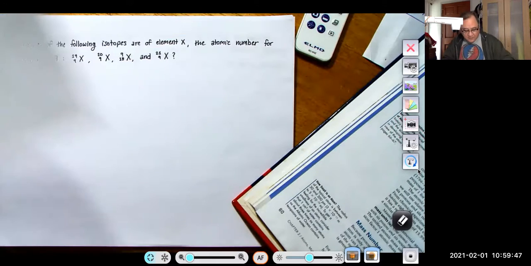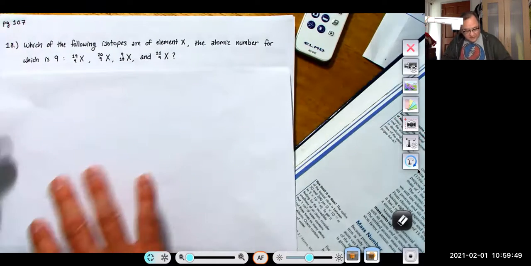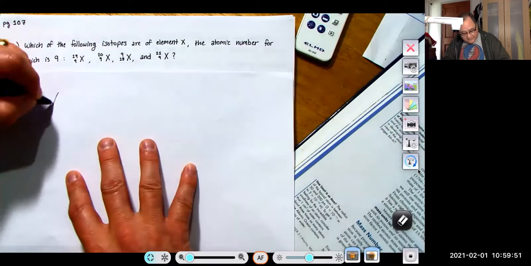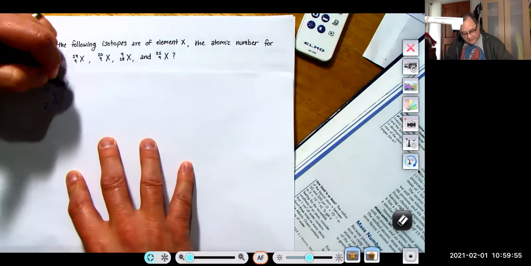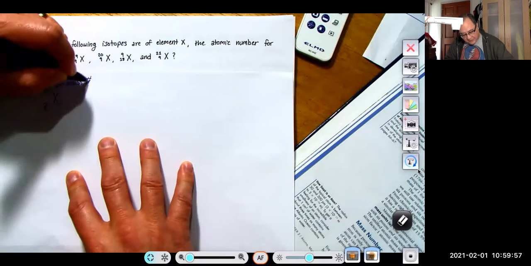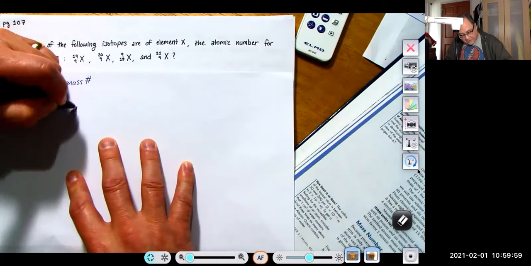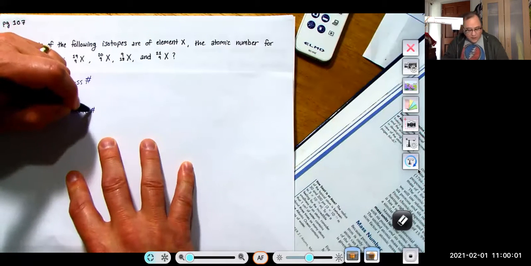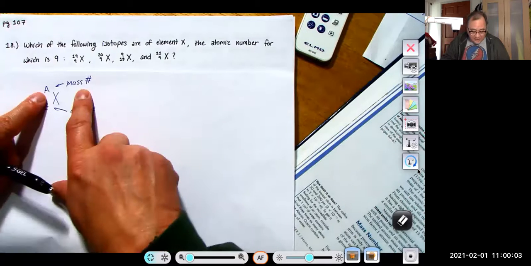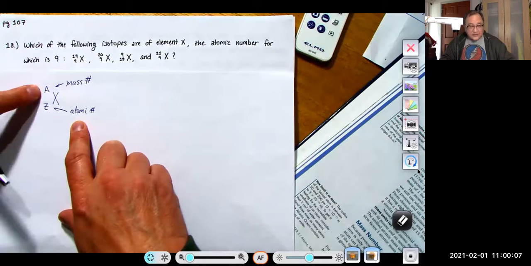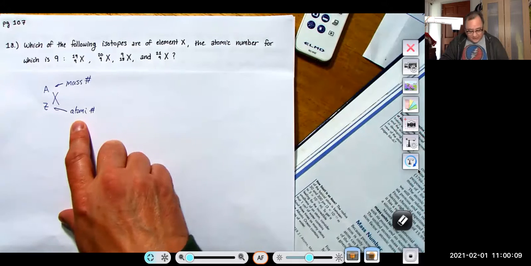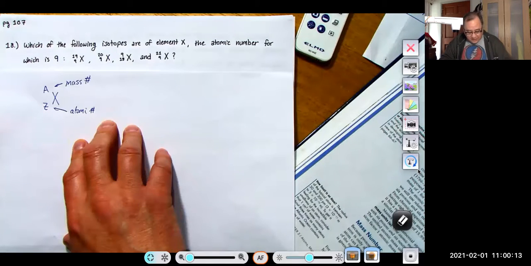We have to remember that the elements are written this way. And remember, the top number is the mass number, and the bottom number is the atomic number. And that's probably why mass number is given the symbol A and atomic number Z, because if we're going to go A to Z, we want A on top and Z on the bottom. That's probably the reason they gave those symbols the way they are.